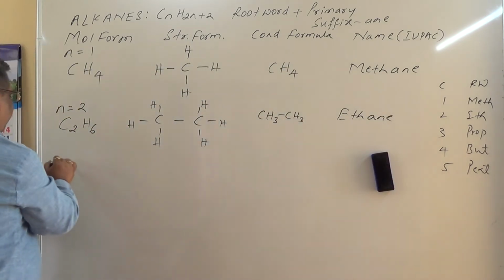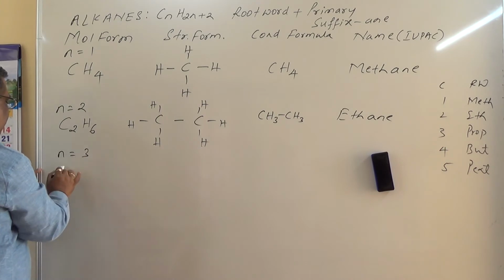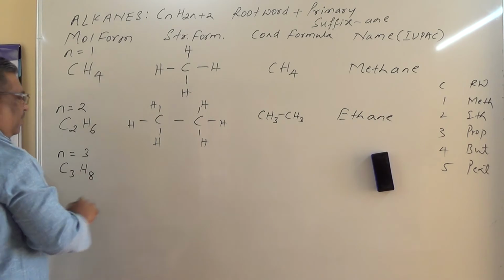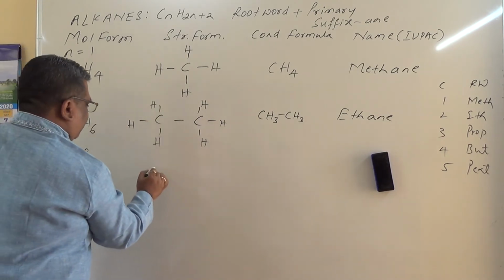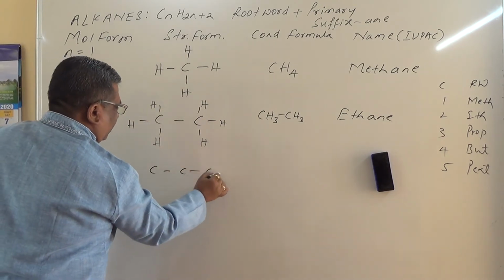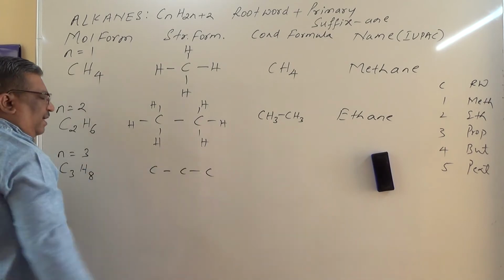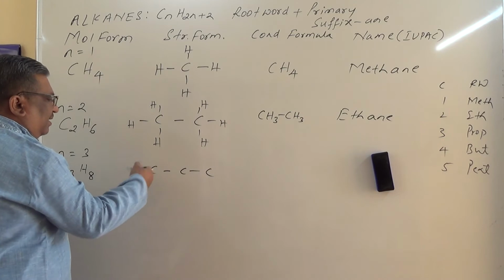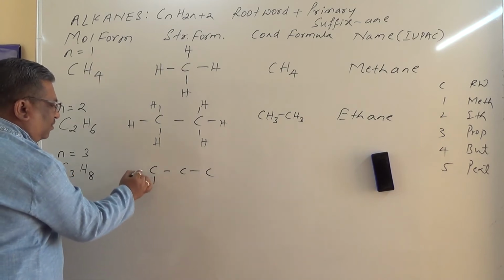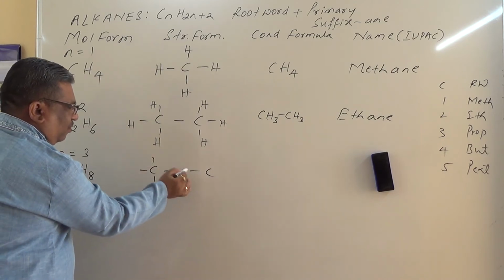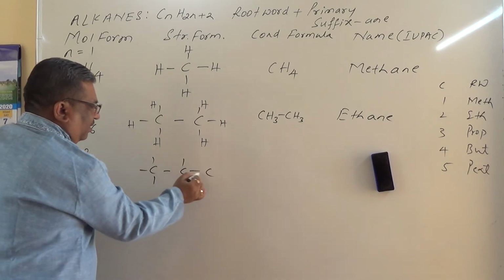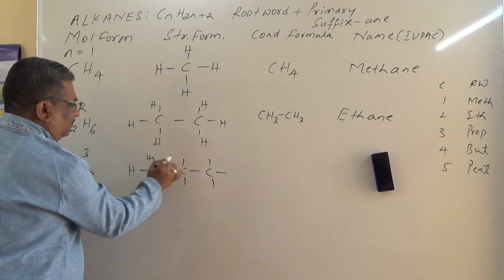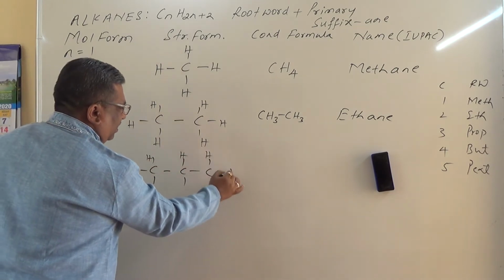Next, the third one, n equals 3, formula C3H, 3 times 2 is 6, plus 2, 8. How do you write the structural formula? First write the carbon atoms connected with single bonds and balance the valencies. 1, 2, 3, 4 for each carbon, and put H. Is it clear for all of you?